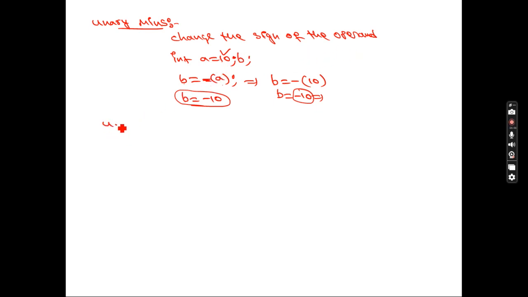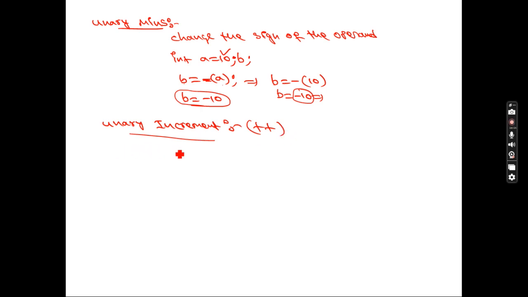So next, unary increment. Unary increment. So this is very important. Sir, what is the meaning of unary increment? The operator symbol is plus plus. The plus plus is the symbol which is used for the unary increment operator.